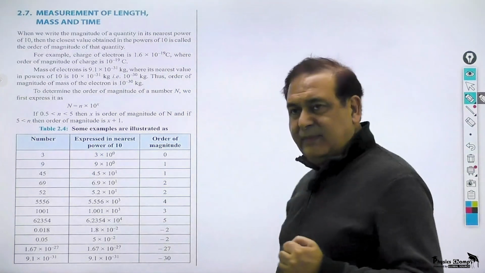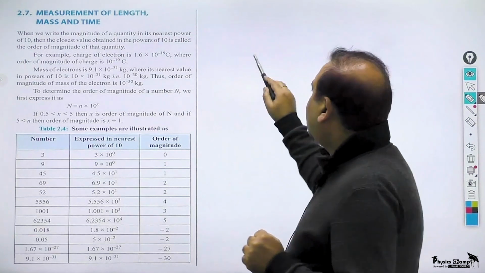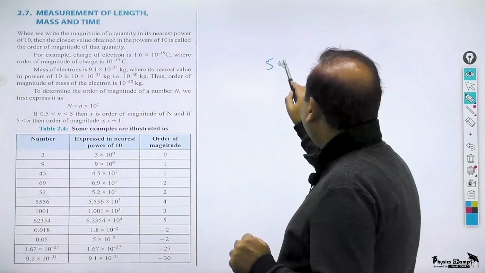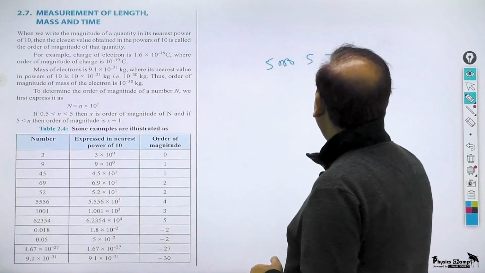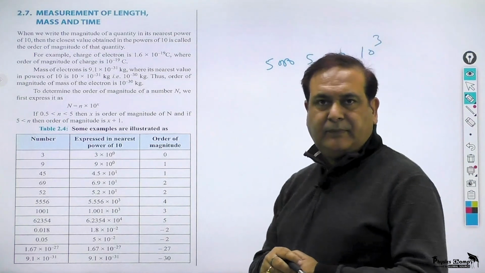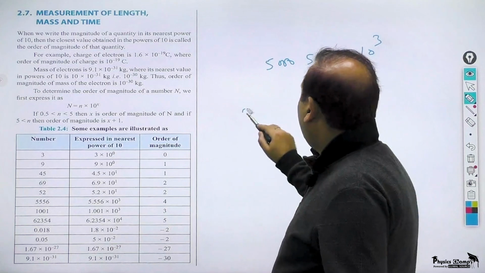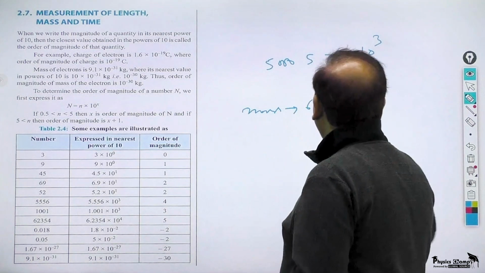For example, the time interval somewhere you are writing is say 5,000 seconds. So I will say order of magnitude is 10 to the power 3. Or the mass of an object is 6,400 kilogram.